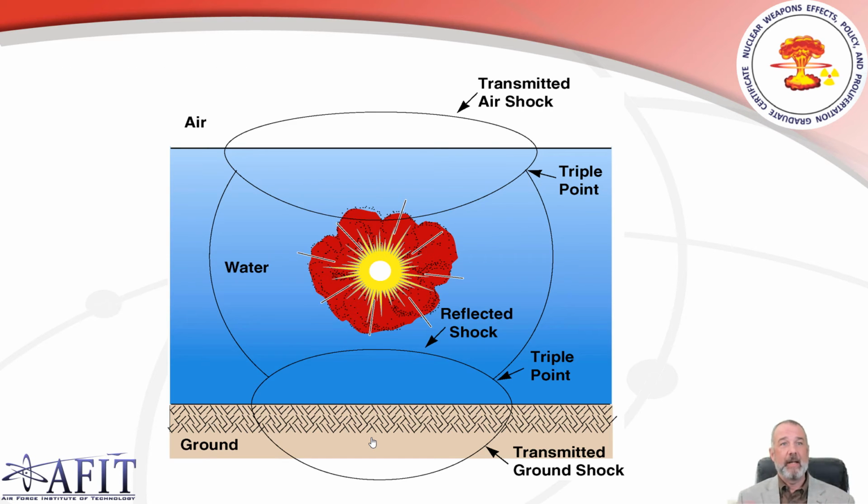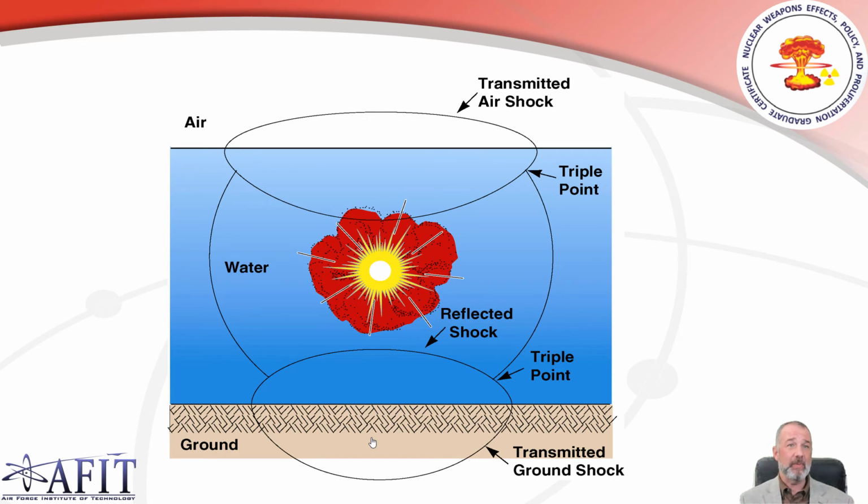And this is just a nice clear diagram of what happens for a shallow water burst, where interactions are happening both with the air-water interface, but also with the water-ground interface. As with an underground burst, at the surface of the water-air interface, we're going to see the creation of an outward moving pressure wave in the air, but also a reflected tension wave moving back downward towards the point of detonation.